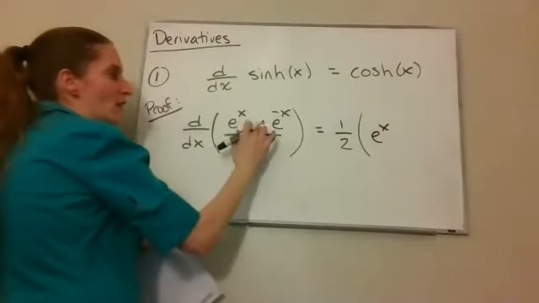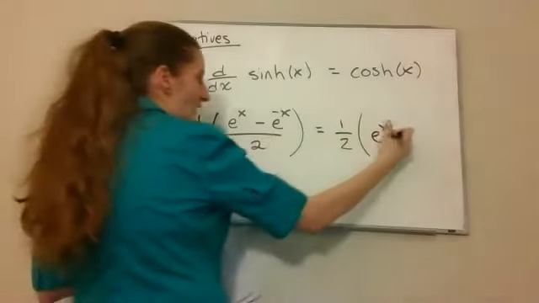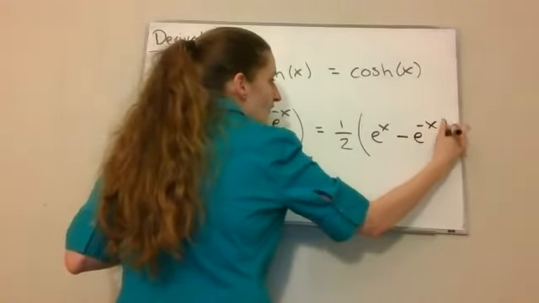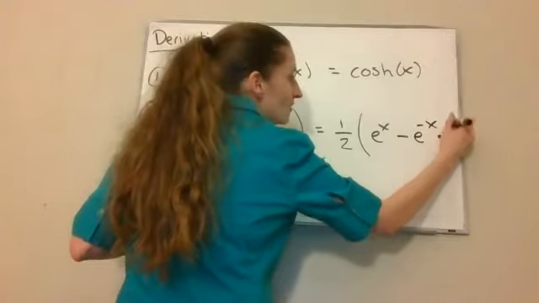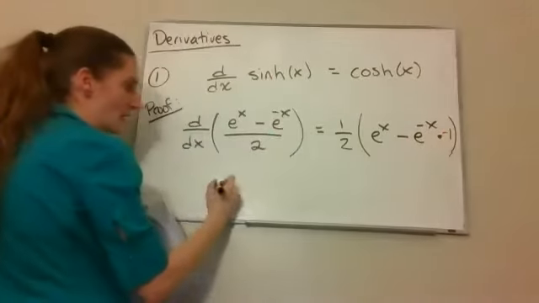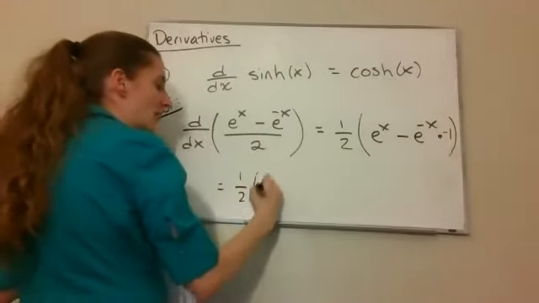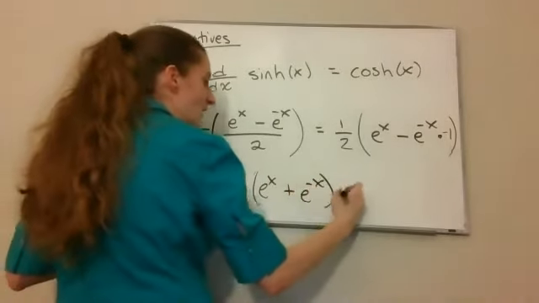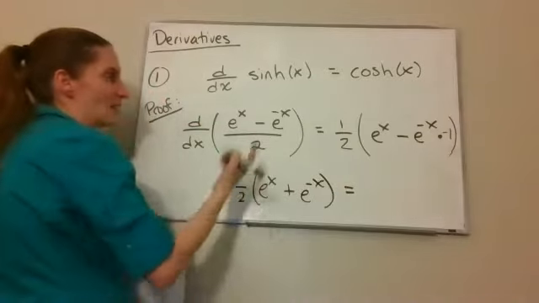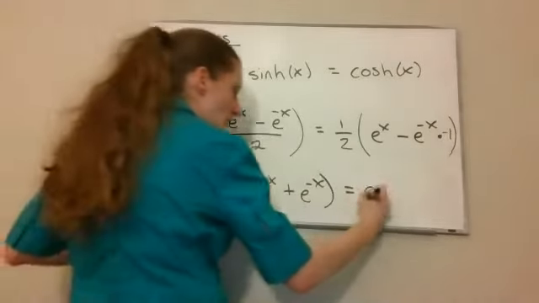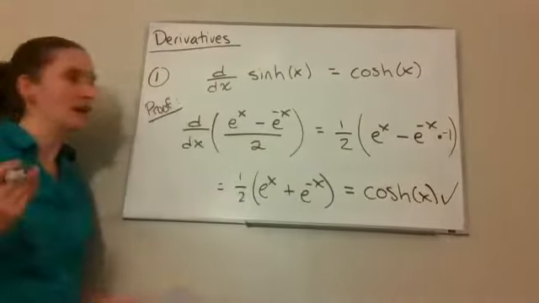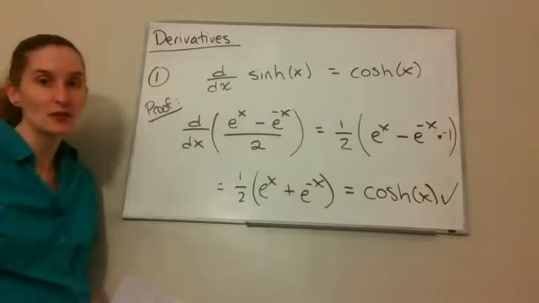And then for the derivative of minus e to the negative x, we need a chain rule. We get itself times the derivative of its exponent, which is -1. So I'm going to get 1/2 times e to the x plus e to the negative x, which is e to the x plus e to the negative x over 2. That is the definition of hyperbolic cosine. So it works just using our standard derivative rules.